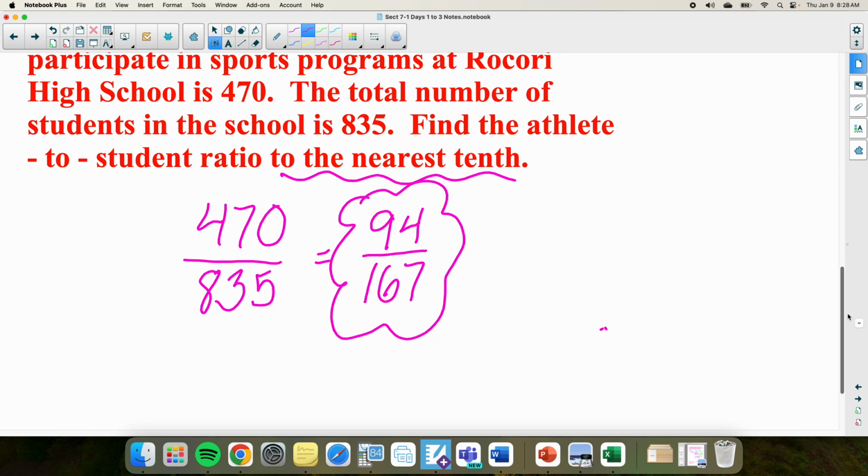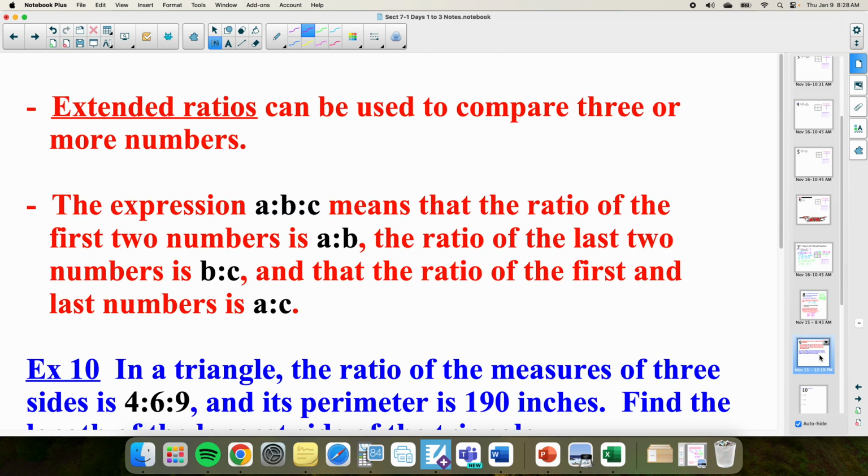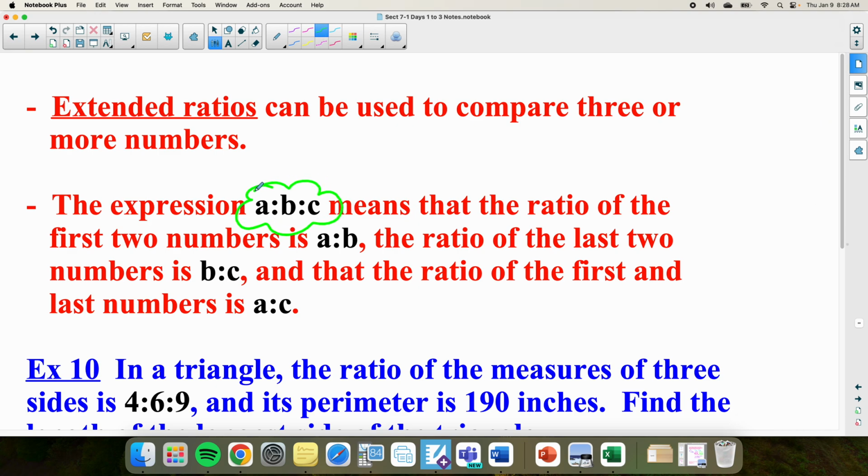All right, so that's ratios. Now, another type of problem that you're gonna have in this section is something called extended ratios. Extended ratios are something that have three numbers in order like this, and they're connected by, are these called colons?